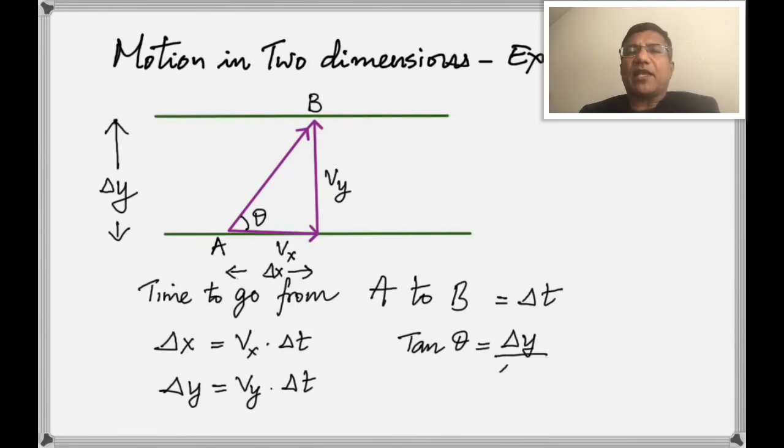And also tan theta, to find the angle, is opposite side by adjacent side, which is delta y by delta x, which is Vy by Vx. That's pretty interesting. So using that, you can find out how much it has moved horizontally and the width of the river.